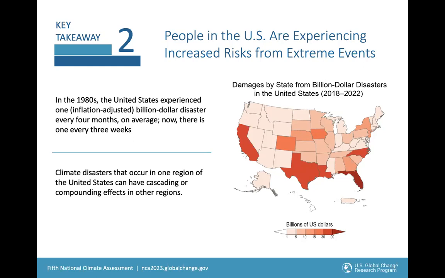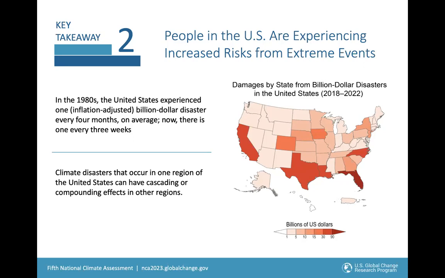In the 1980s, the country experienced on average $1 billion weather and climate disaster every 4 months. Now there is one every 3 weeks on average. So this map here is showing damages from the 89 billion-dollar events we experienced in the 5 years since NCA4, so from 2018 to 2022. And so far this year, we're already up to 25 billion-dollar events.